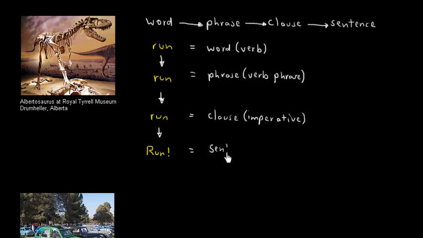And so this is a sentence. Now it only has one clause, so it's a simple sentence. Simple means it only has one clause, and it's a command. Okay, that's the function that it performs. So it's a simple command. Okay, so this is kind of a minimal sentence.